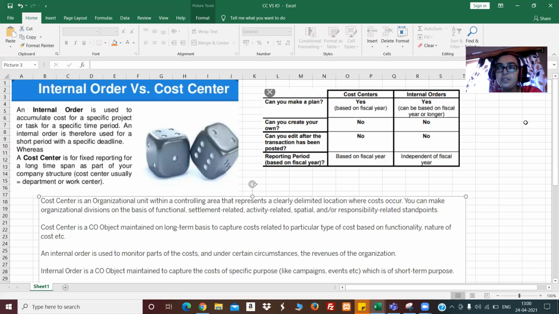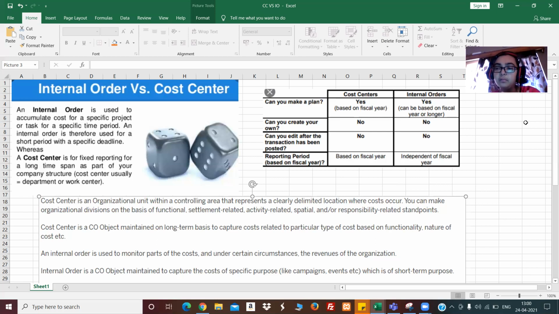At the end of the 3 days, they settle that internal order. What does that mean? At the end of the period, the internal order has some revenue and some cost as well. It could sell a car, so a profit comes from there, and during these 3 days it has expenses like convenience and fuel expenses.